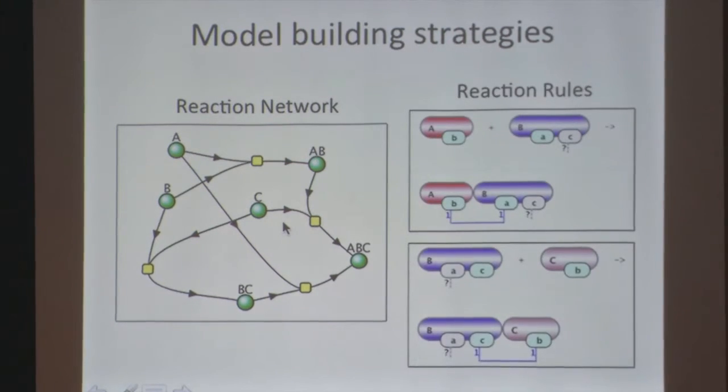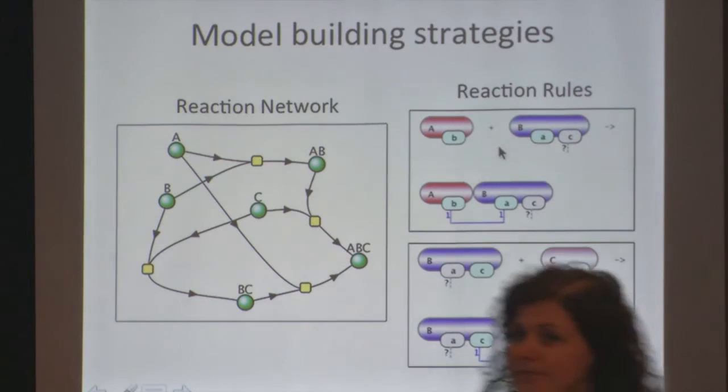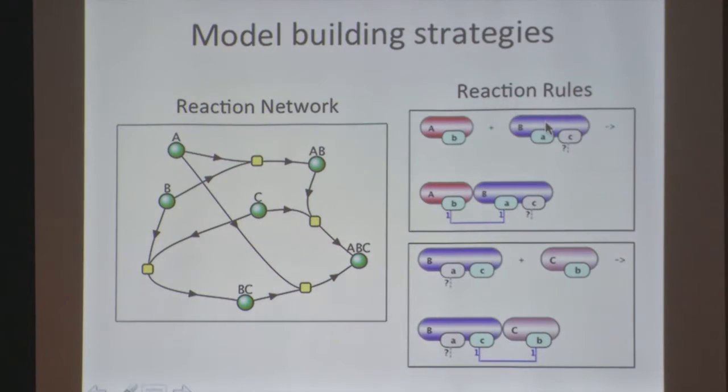Another way to express the same thing is using reaction rules, where you visualize the molecules that are involved. Here you have an A molecule that can bind to a B molecule through specific sites, a B binding site and an A binding site to form the product. And here there's the B molecule binding to C, again through specific sites.